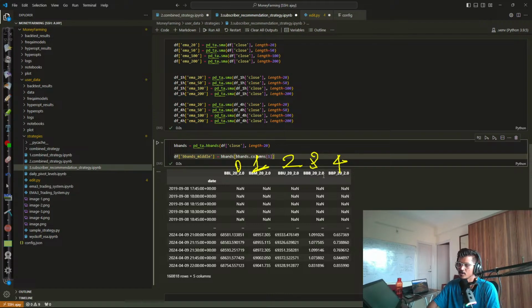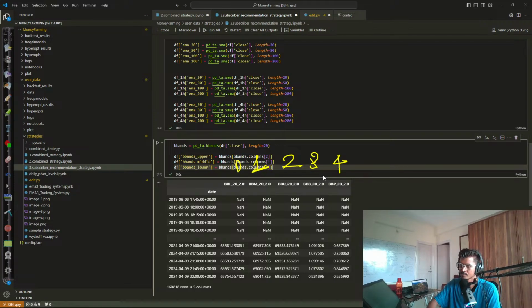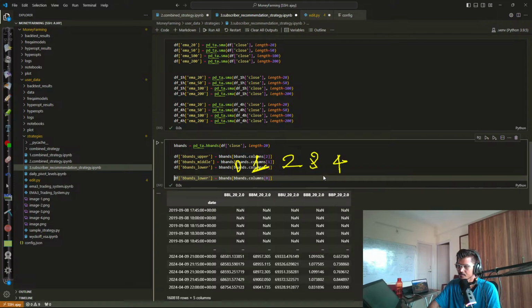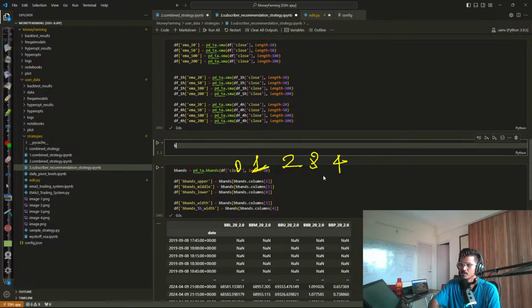Column 1 is middle, upper is 2, lower is 0, and percentage B, this is like width, so this is 3, and percentage B width is 4. How do you check it? This is how we check it.